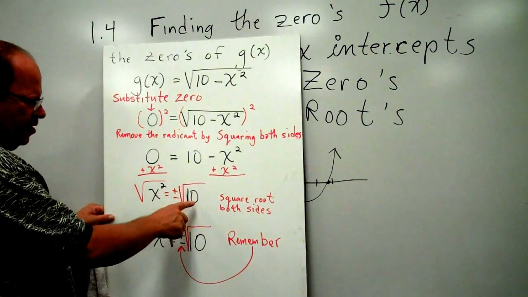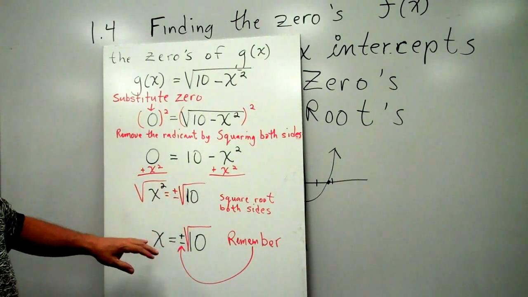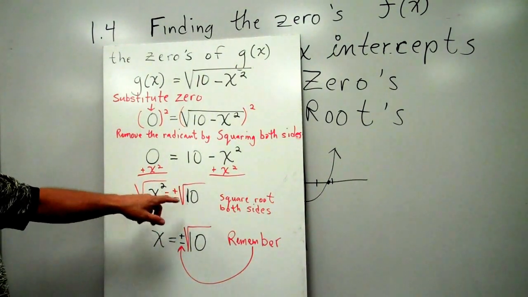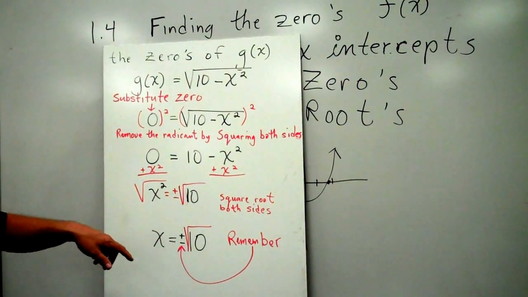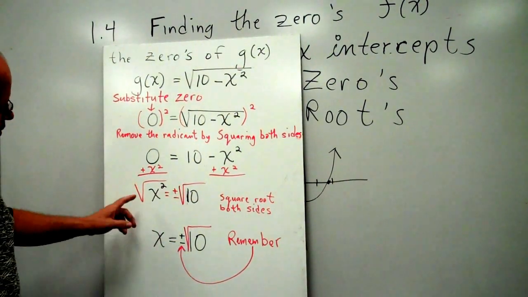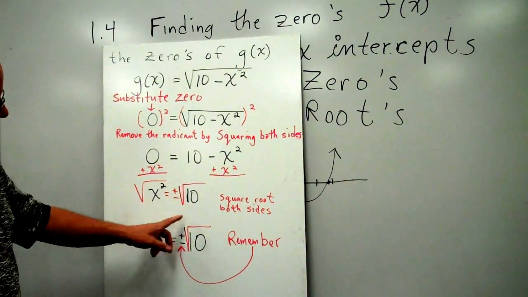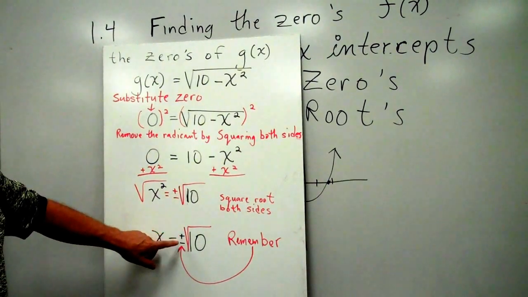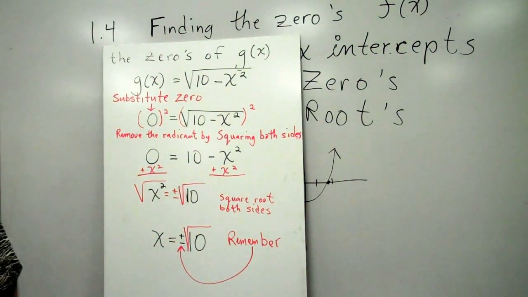For instance, if it was the square root of 16, the answer could be 4 or negative 4, because either one of those numbers squared is the same. So always remember, when we're square rooting x squared and square rooting the other side of the equal sign, it's always going to give us two values, the positive and the negative value.